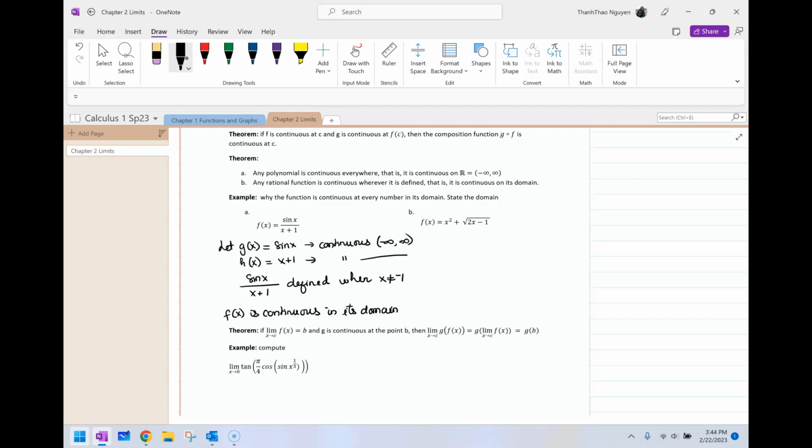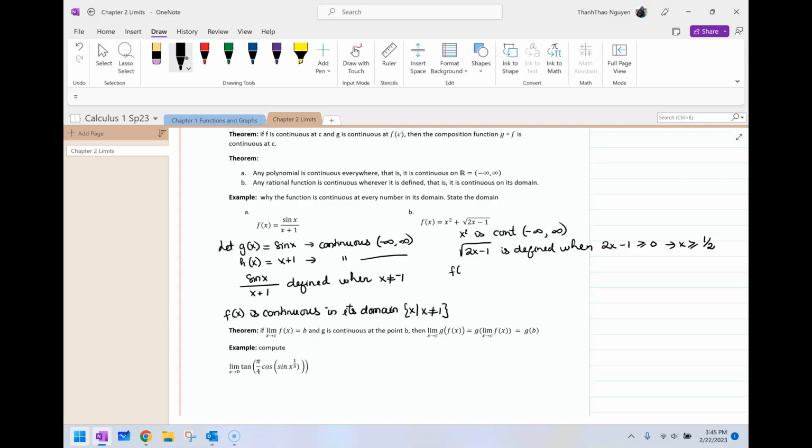And that is for all x such that x is not 1. Now, for the next one, x squared is continuous from negative infinity to infinity. Square root of 2x minus 1 is defined when 2x minus 1 is greater than or equal to 0, so x is greater than or equal to a half.